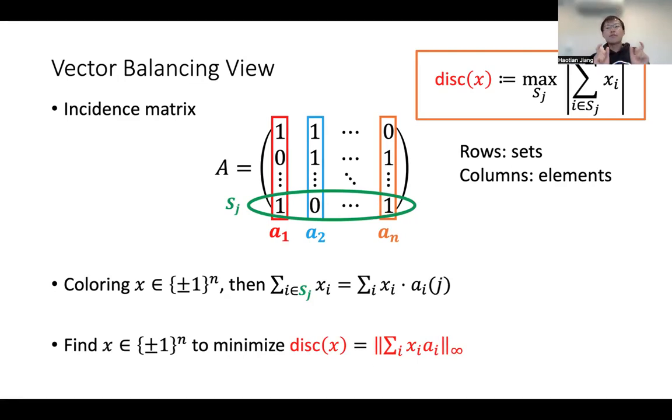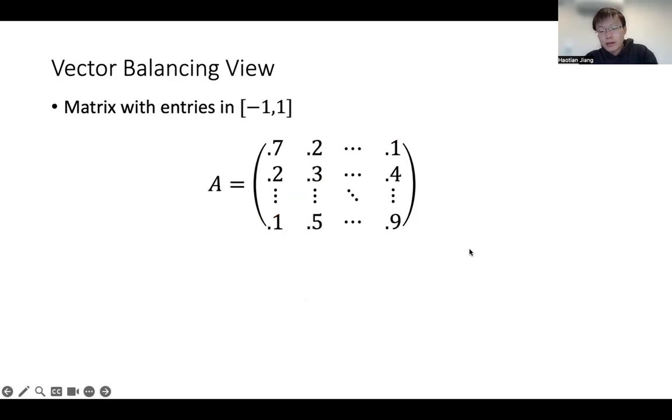Okay, so now you can view this question as: you're given these column vectors A1 to An, and you want to find a ±1 assignment of these vectors to minimize the L infinity norm of the signed sum. It turns out there's nothing special about matrices coming from an incidence matrix.